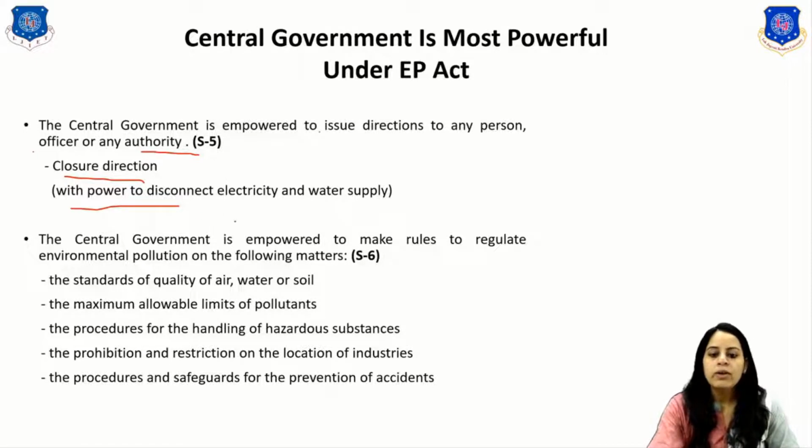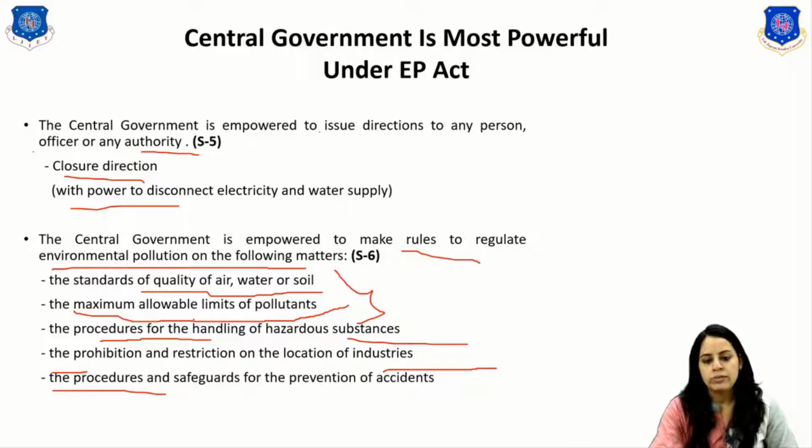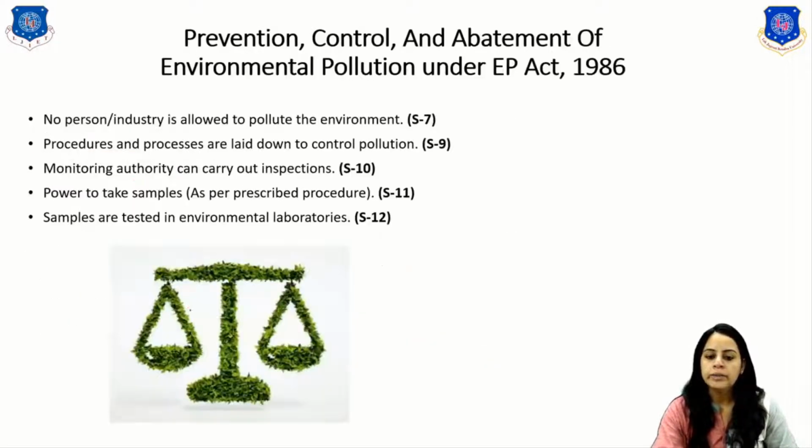The central government is also empowered to make rules to regulate environmental pollution on matters such as standards of quality of air, water and soil, the maximum allowable limit of pollutants, the procedure for handling hazardous substances, prohibition and restriction on the location of industries, and procedure and safeguards for the prevention of accidents.